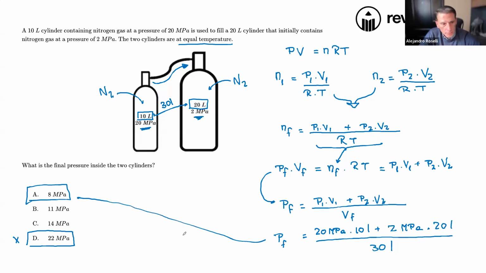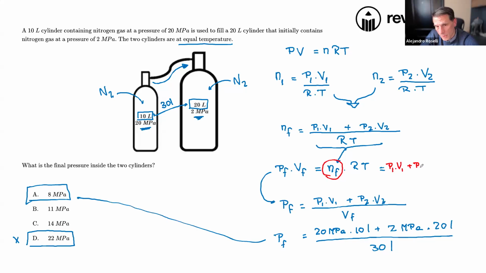Okay. Let me clean this up just a little bit, and I'll show you, Mateo. I'll use a different color now so you can realize what the difference will be. When substituting the expression for the final number of moles, we will get a fraction, right? P1 multiplied by V1 plus the expression above.